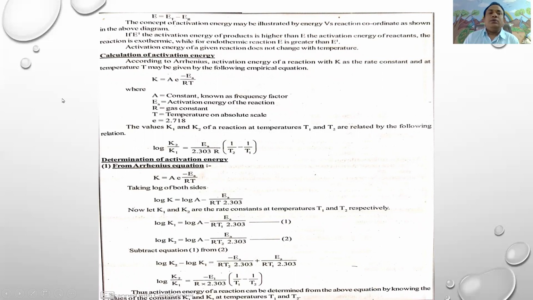Here, the kinetics explains the rate with respect to temperature, concentration and pressure, and it can also explain the mechanism of a chemical reaction.